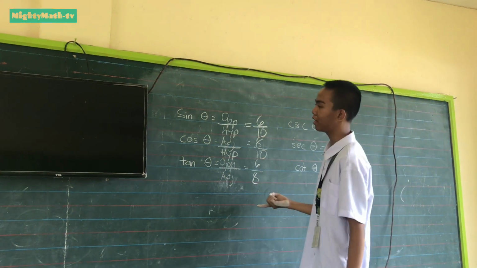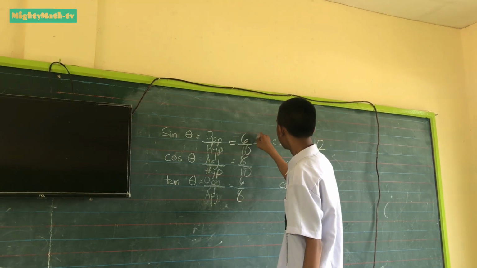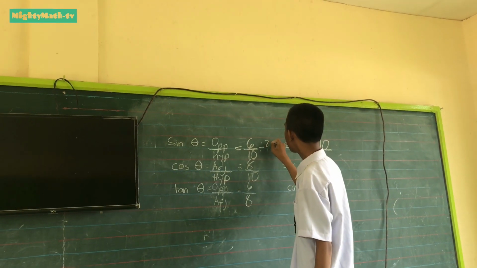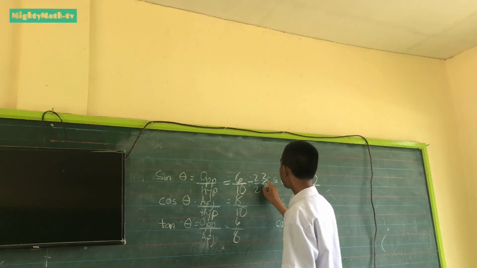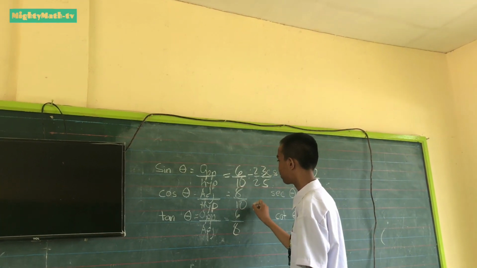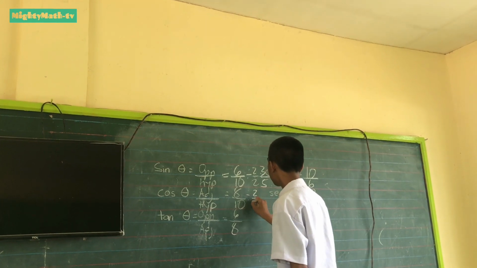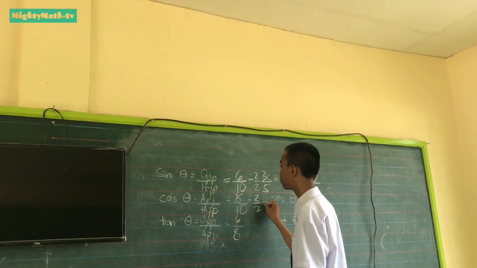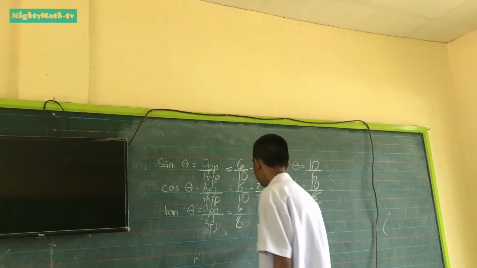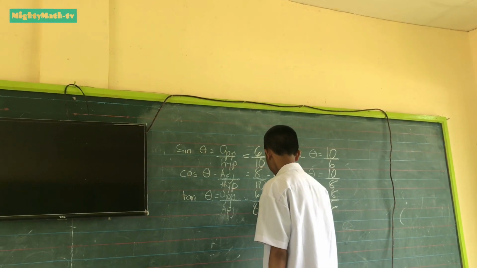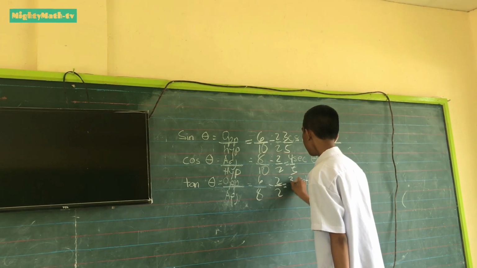Can we simplify all of them? Yes, we can simplify them because we can divide them by 2. We'll have 3 over 5. And same for the cosine, we can divide by 2. We'll have 4 over 5. Same for the tangent, we can divide them by 2. 3 over 4.